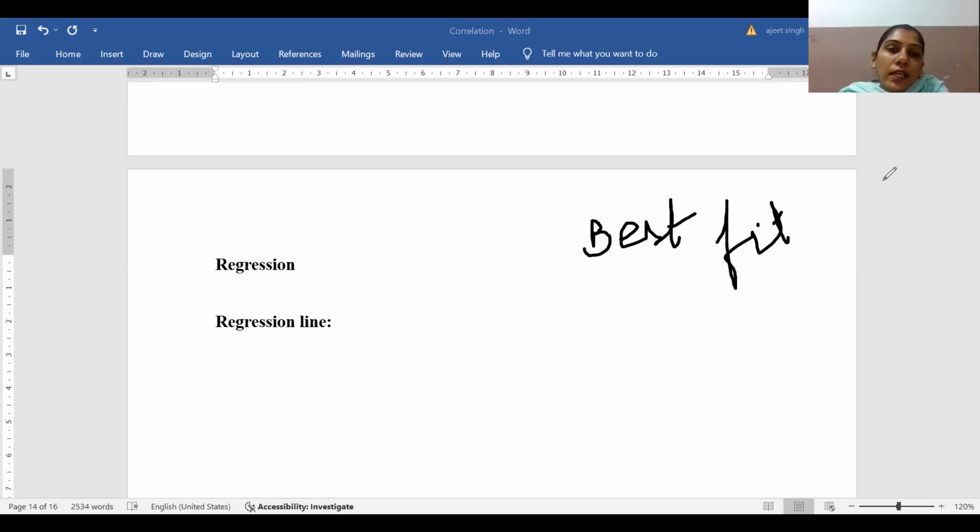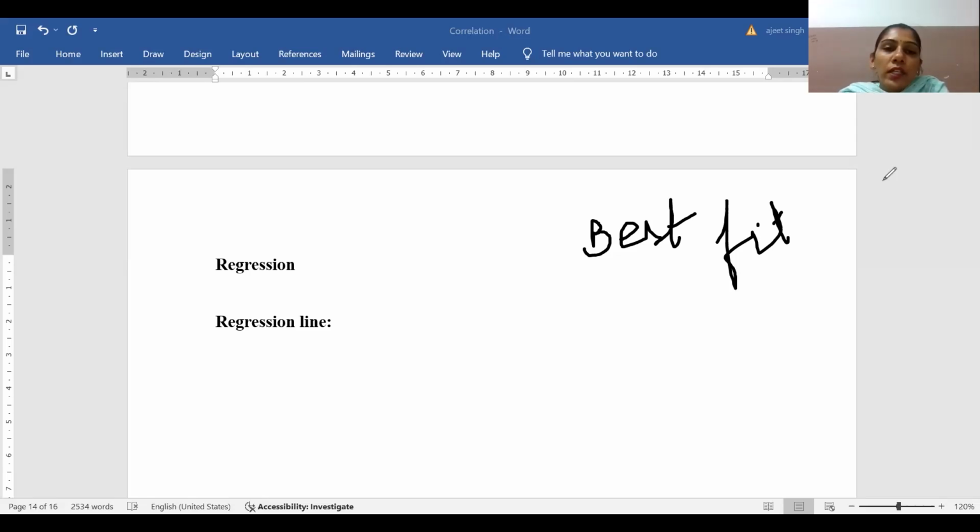So generally there are two regression lines. There are always two regression lines in regression, as we are studying two variables, one is dependent and the other one is independent.